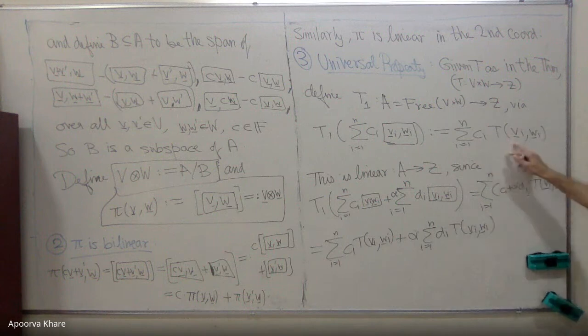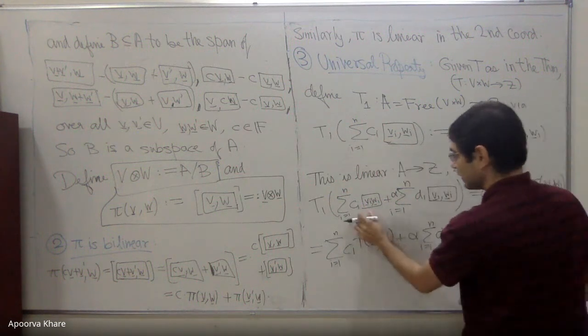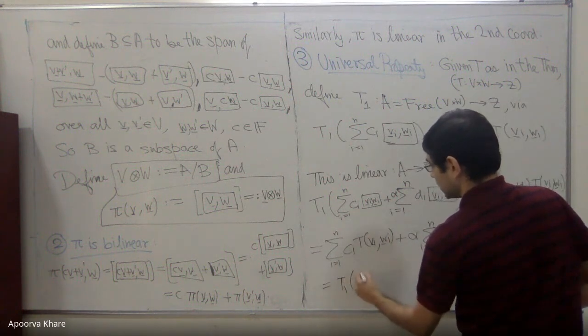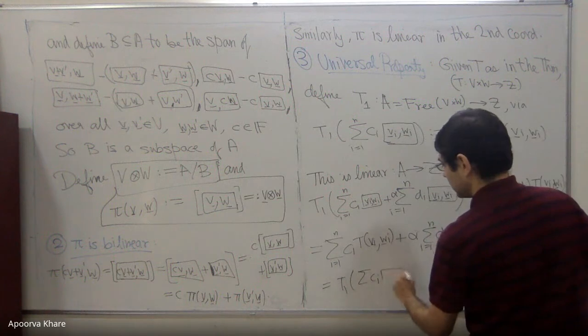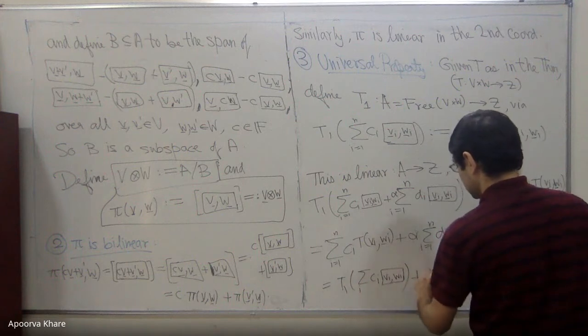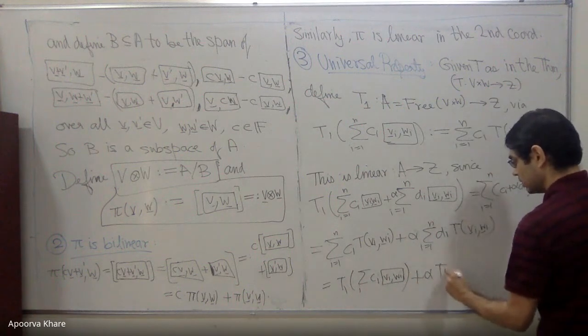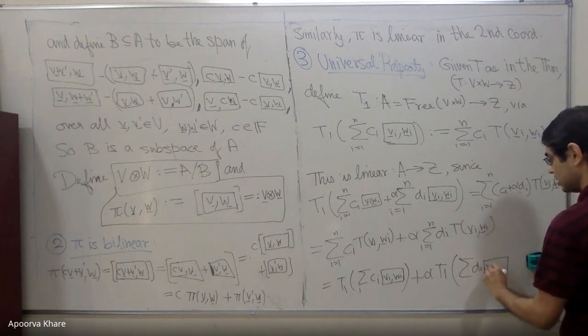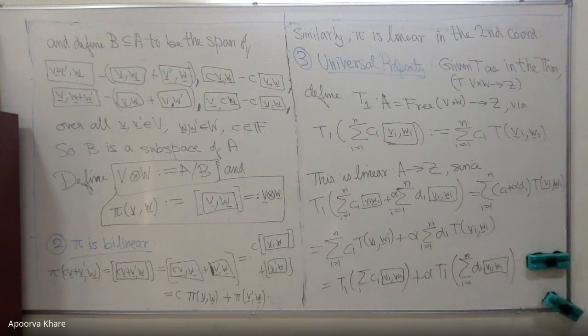But now what is this summation Ci T of Vi Wi? This is exactly T1 of this thing plus alpha T1 of this thing. And so indeed it's linear.